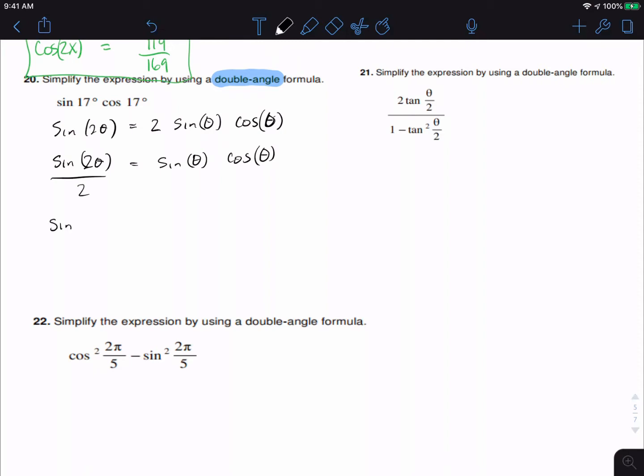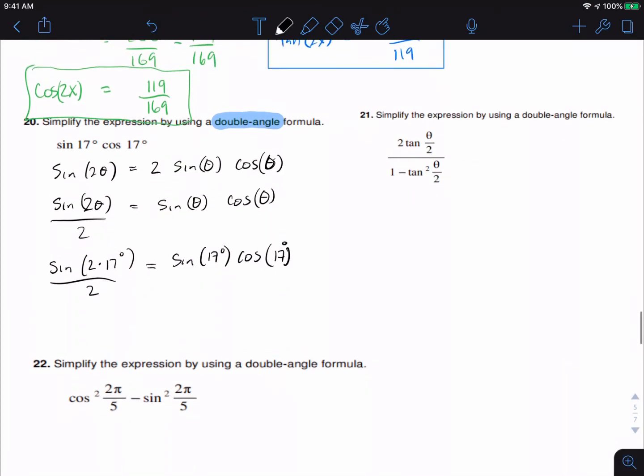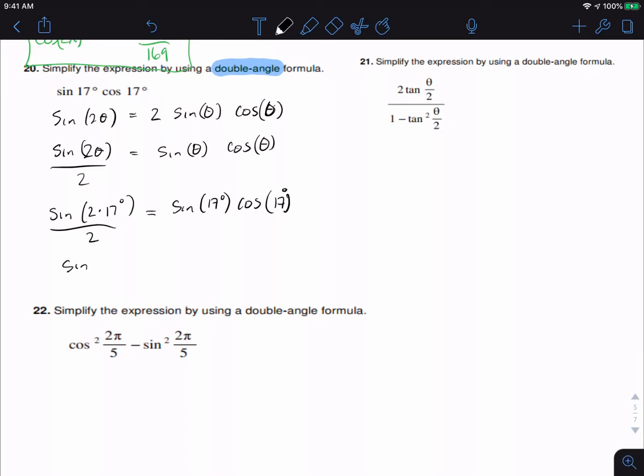So it becomes sine of 2 times 17 degrees over 2 is equal to sine of 17 degrees cosine of 17 degrees. So sine of 34 degrees over 2 is equal to sine of 17 degrees cosine of 17 degrees. Basically what I'm trying to show you here is how to take a decomposed trigonometric function and make it into a double angle.